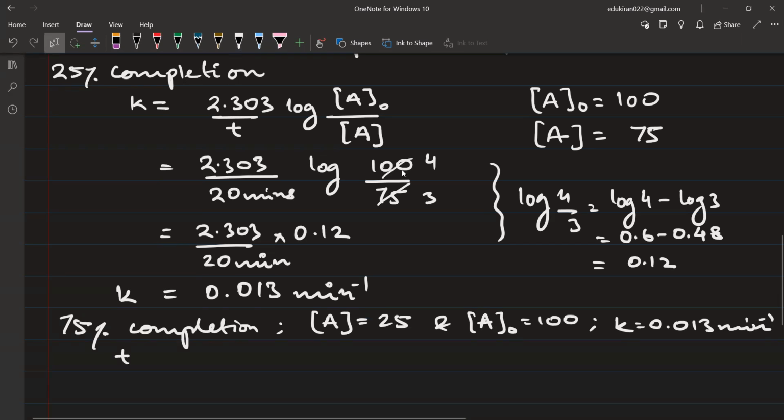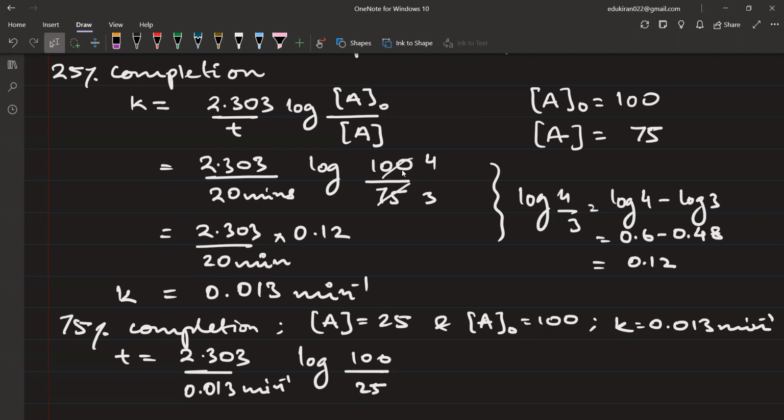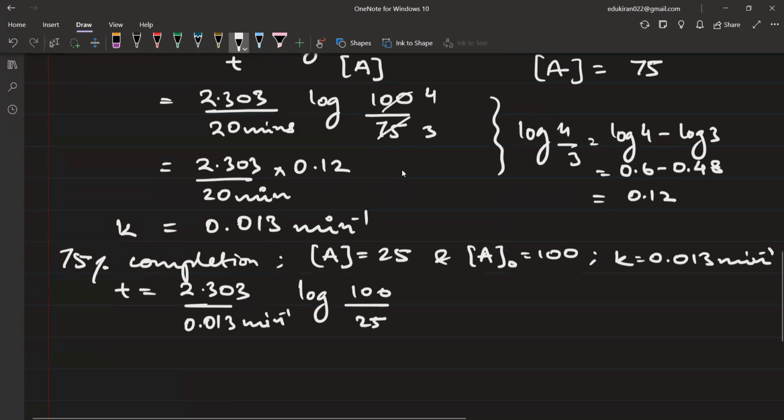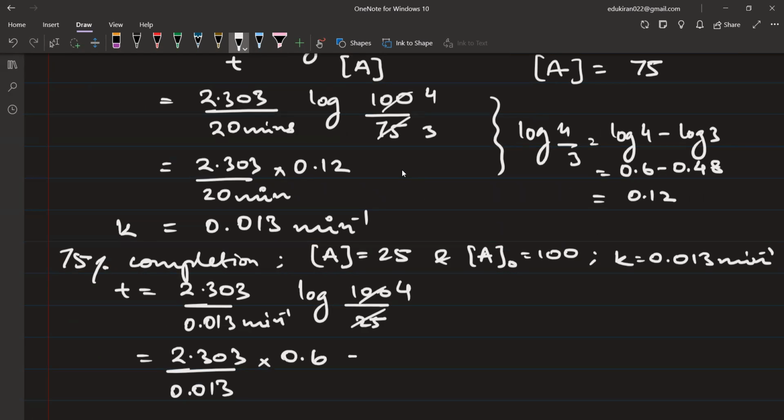Now we can write time will be equal to 2.303 divided by K, that is equal to 2.303 divided by 0.013 minute inverse log of 100 upon 25. This will be equal to 4, and log 4 is equal to 0.6.